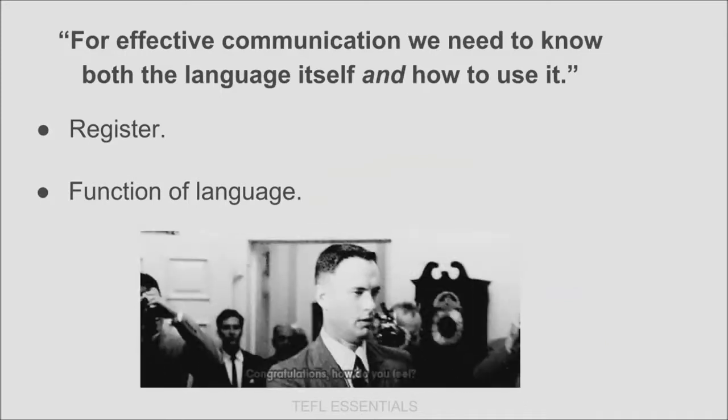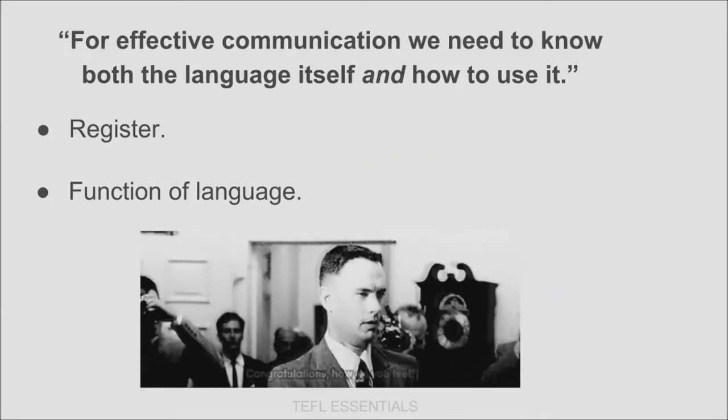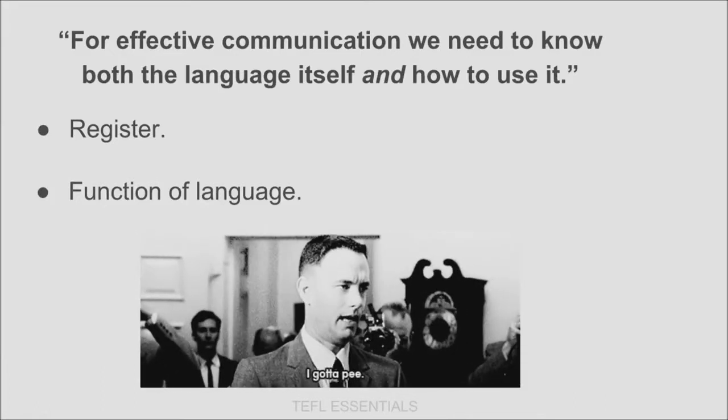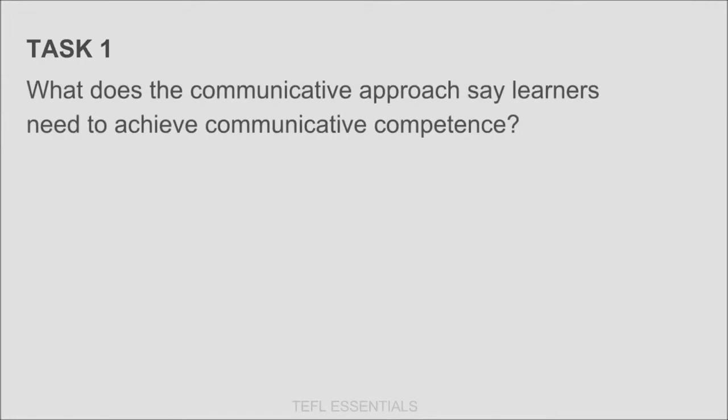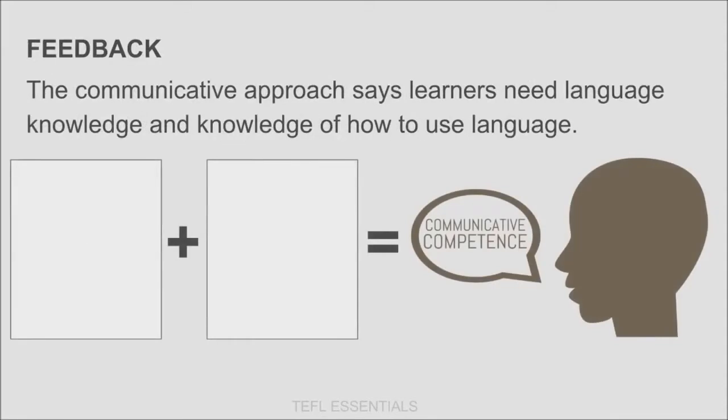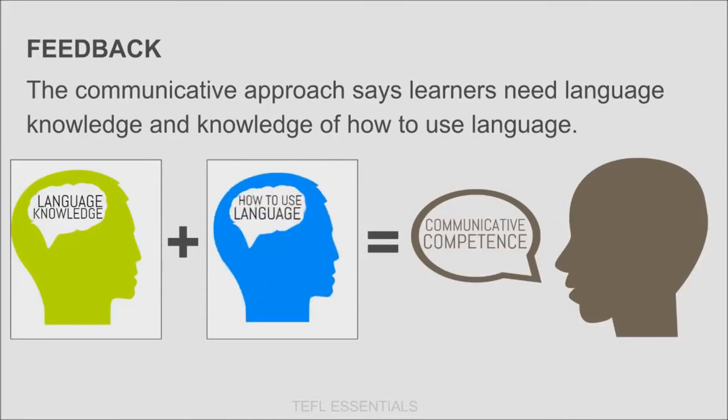Misunderstanding language function can hinder effective communication, and is partly why this scene from Forrest Gump amuses us. Task 1. What does the communicative approach say learners need to achieve communicative competence? The communicative approach says learners need language knowledge and knowledge of how to use the language to achieve communicative competence.